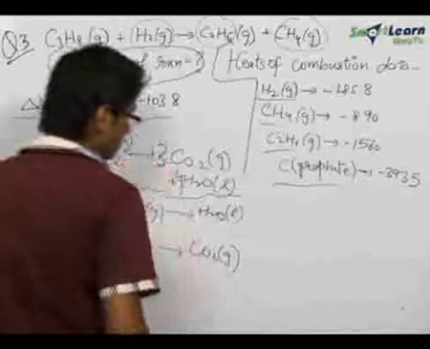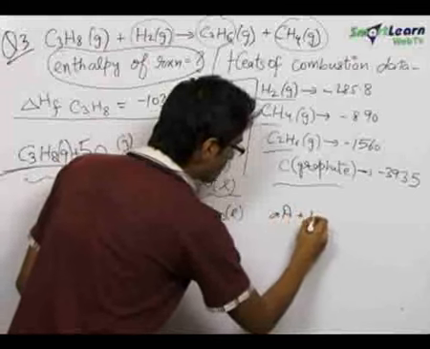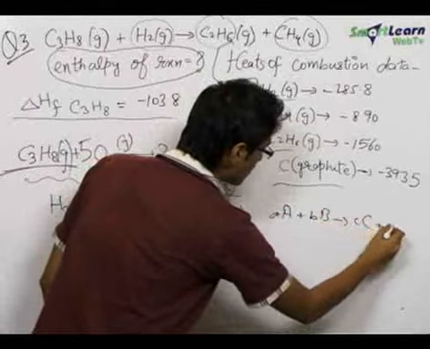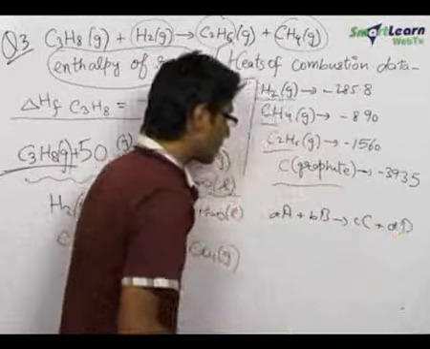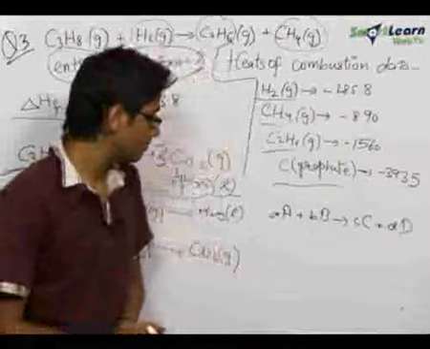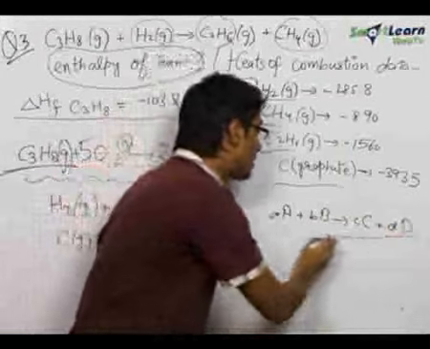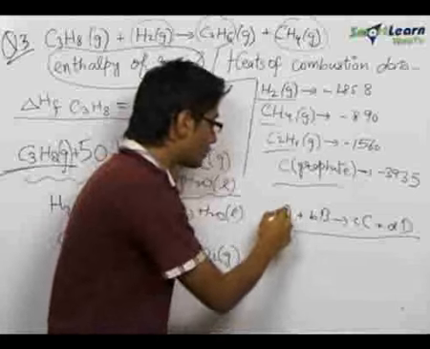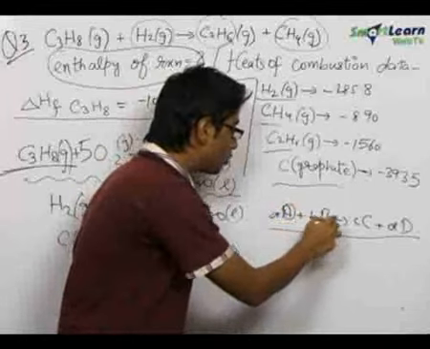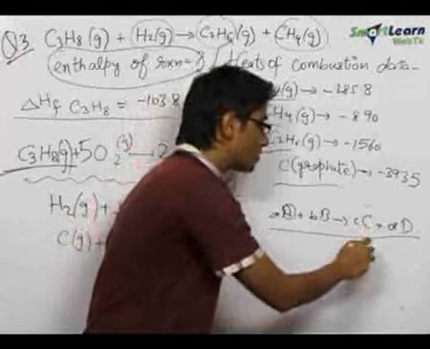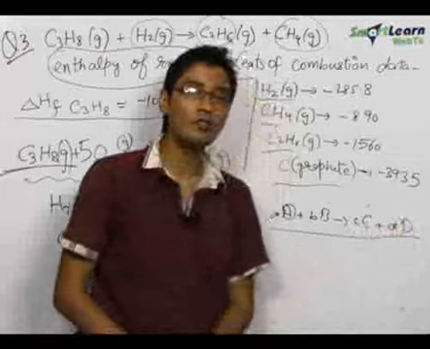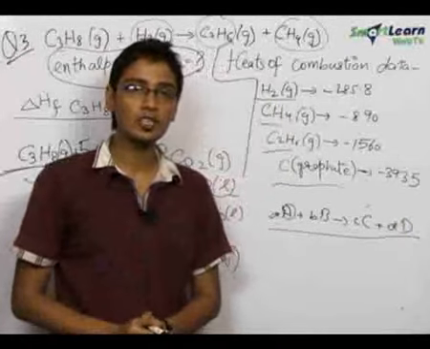For any reaction, a moles of A plus b moles of B giving c moles of C plus d moles of D, as in the heat of combustion, we have the enthalpy of this reaction as a into heat of combustion of A plus b into heat of combustion of B minus c into heat of combustion of C minus d of heat of combustion of D as the total enthalpy of the reaction.